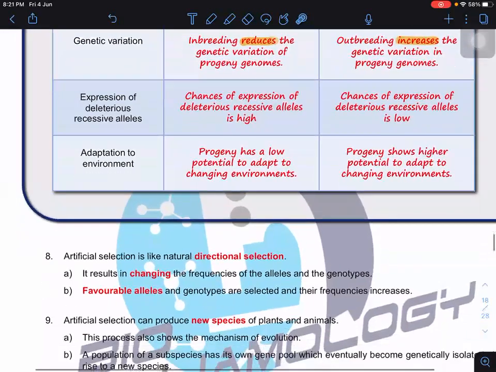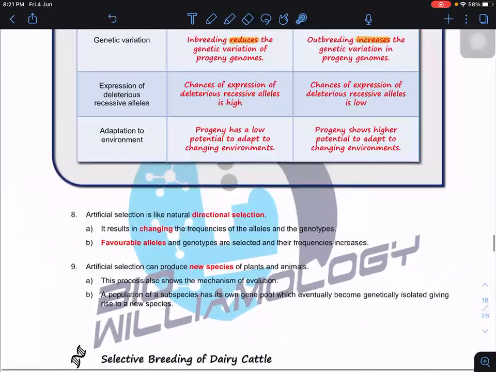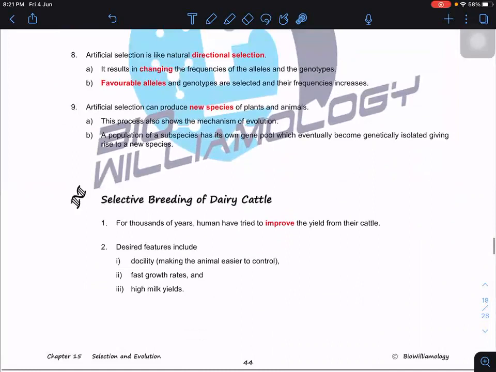Okay, if you want to equate it with natural selection, what kind of selection? Basically here we favor one extreme end. Imagine between low production and high production, we favor high production. So it is a form of directional selection, which results in changing the frequency of the alleles and also the genotypes.